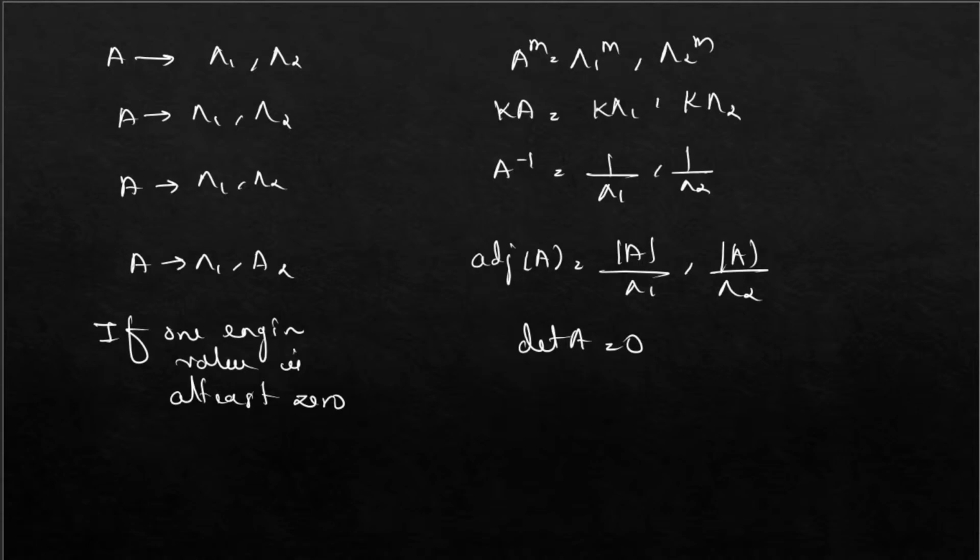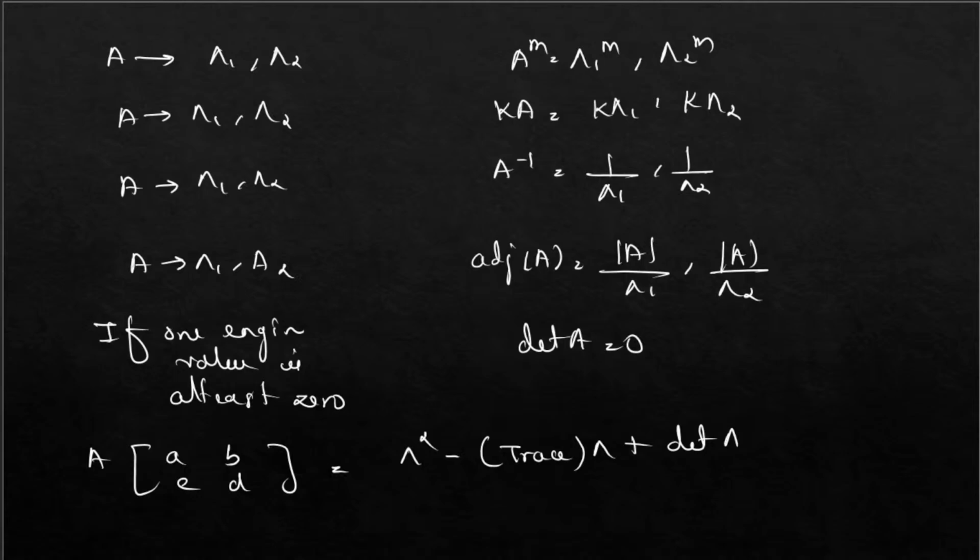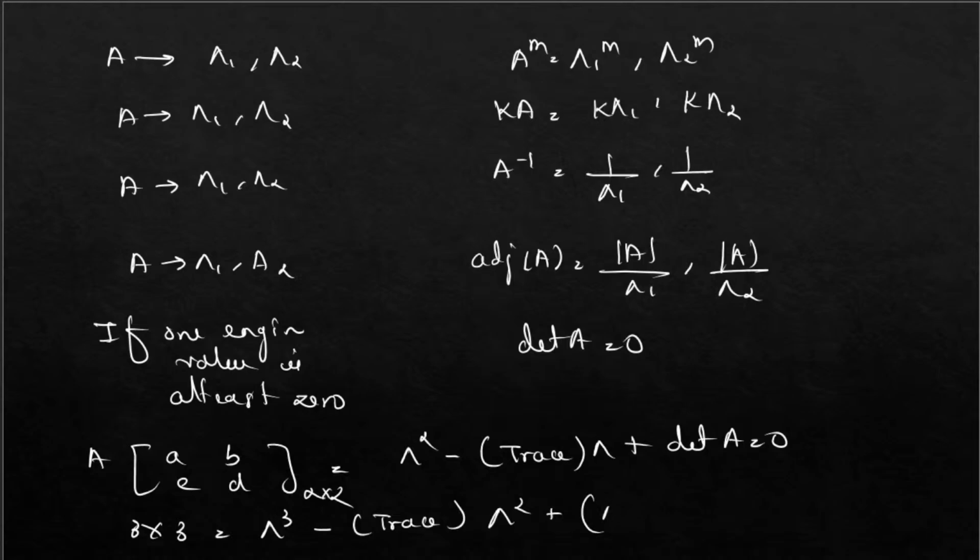Alright, and the characteristic equation of A for 2 cross 2 is lambda square minus trace lambda plus determinant of A equals 0. And for 3 cross 3 it will be lambda cube minus trace lambda square plus (A11 plus A22 plus A33) lambda minus determinant of A equals 0.